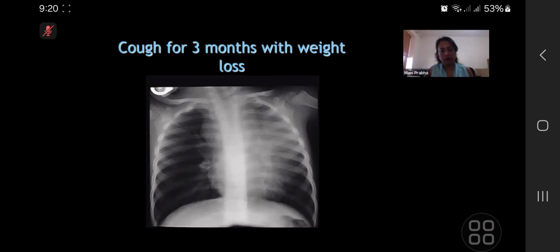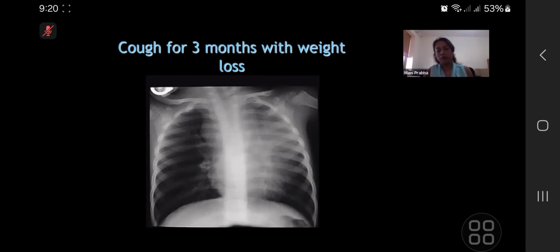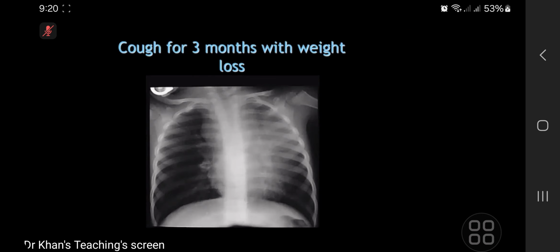For further investigations, I will skip the step of ultrasound for this patient and proceed to cross-sectional imaging, with CT. Any other differentials? So it's likely an anterior mediastinal mass. Apart from lymphoma, it could be thymoma or teratoma.